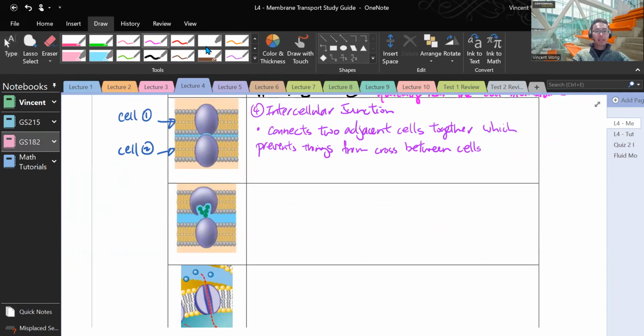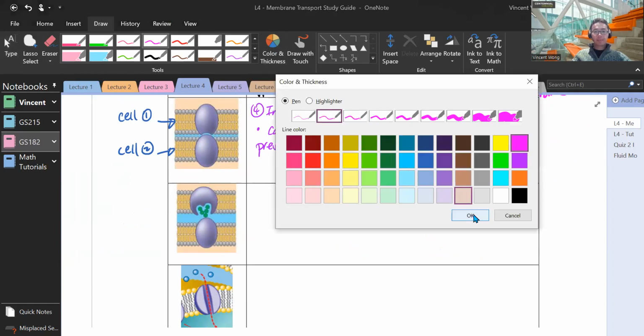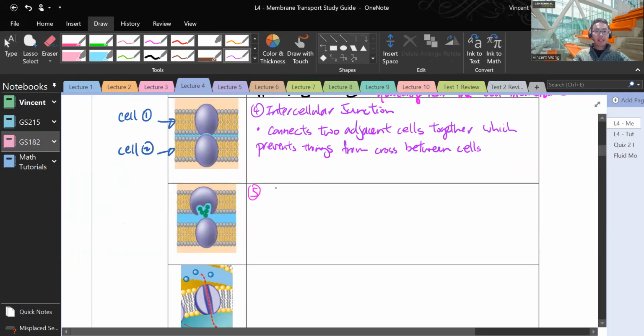Okay, next one here, we have cell-cell recognition. Okay. So there are many antigens on the surface of a cell.